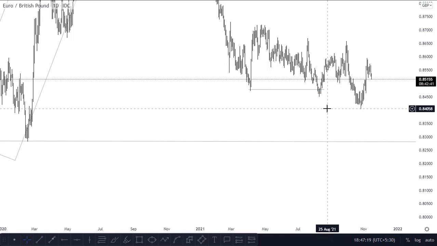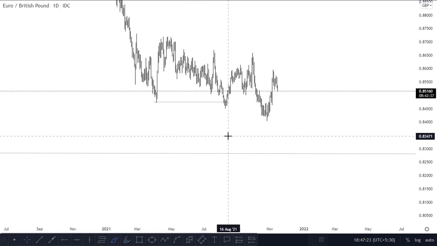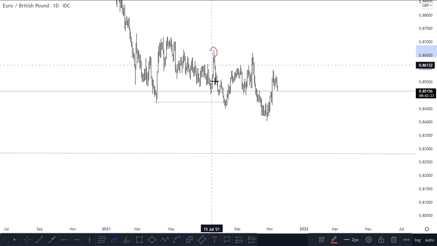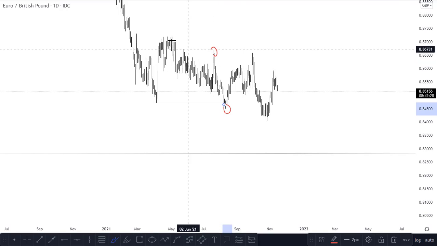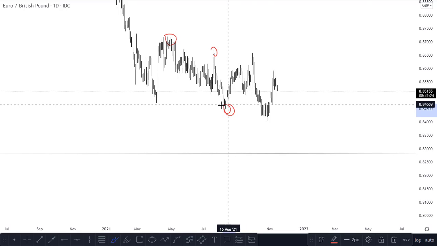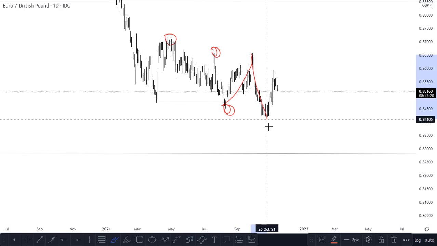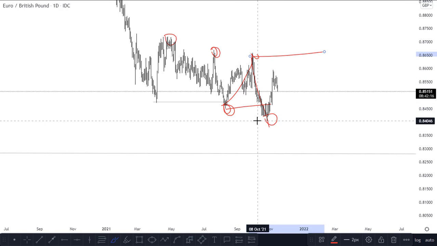The market created a lower low, then a lower high, lower low, right? So basically we have this lower high, lower low. The market is coming back to use internal structure to continue a downtrend, then create a new lower low. So your scope is right here.